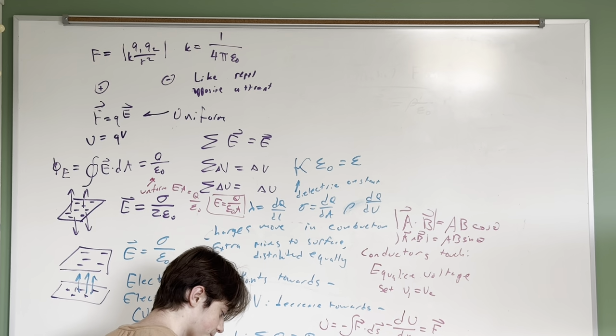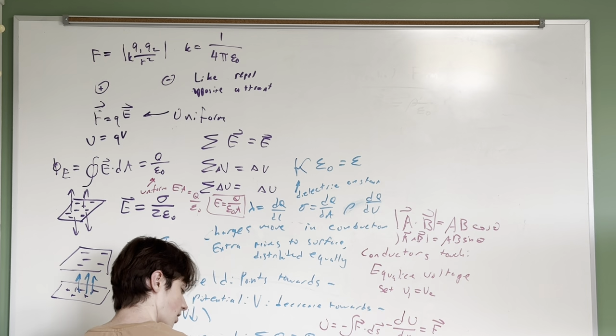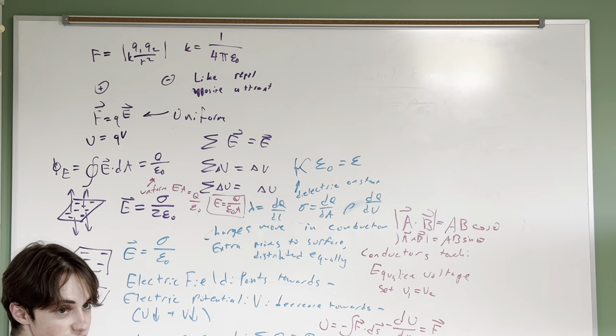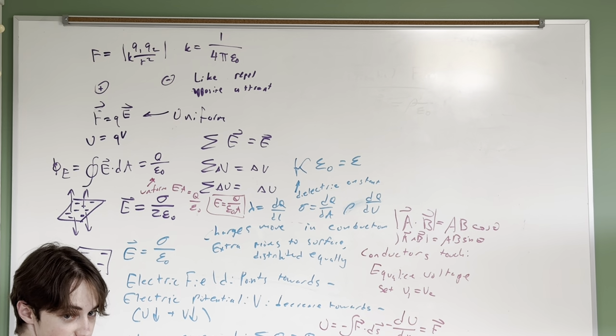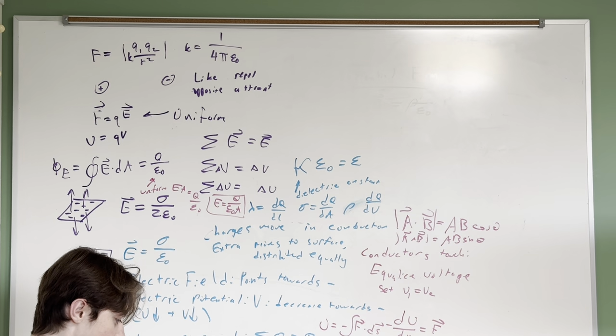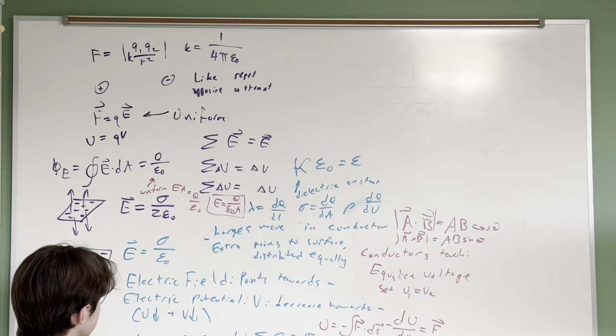If you have a big ball and a small ball, the big ball will have more charge. If you touch them, you sum up the charges, but then you equalize the voltages, and the charge can distribute how it wants to. In a big ball there's going to be more charge per voltage.